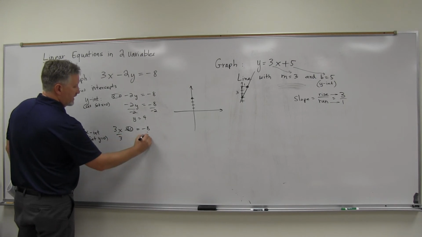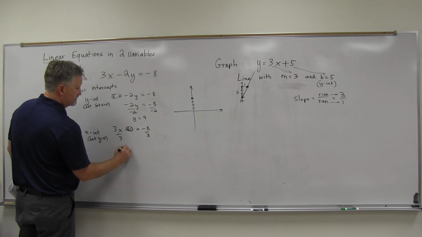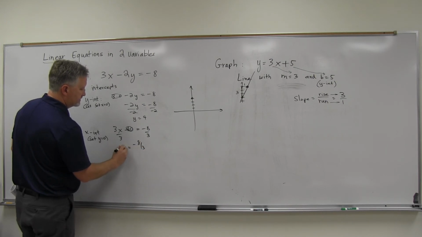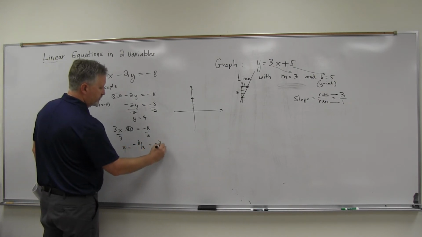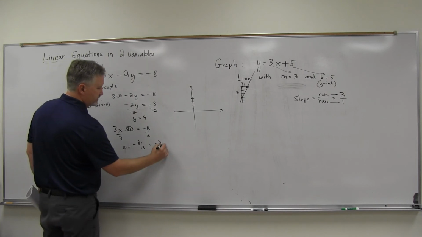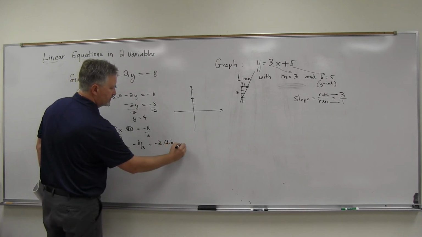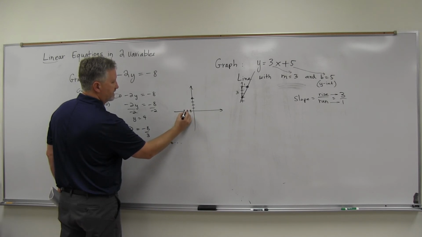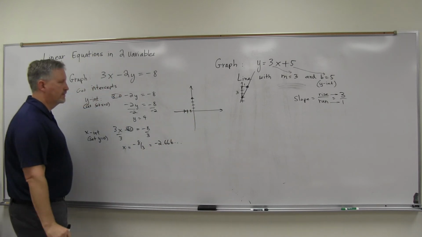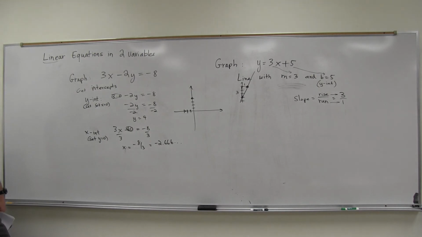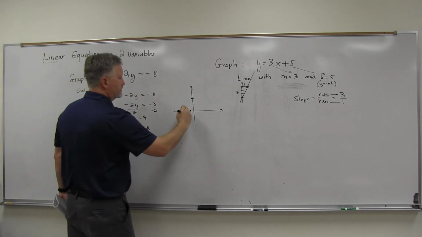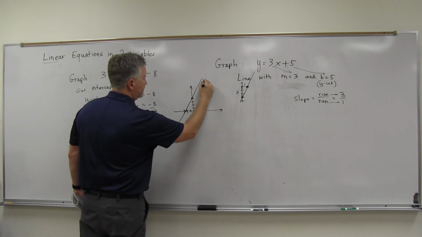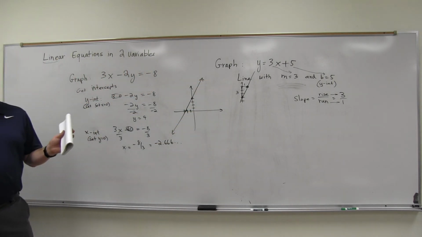Then divide by 3, you get negative 8/3 as my x-intercept, which is negative 2.6 repeating, or negative 2 2/3. So it crosses the x-axis at negative 2 2/3. Negative 8/3, negative 2.6 repeating. So that gets you 2 points fairly quickly. So I wanted to mention that.